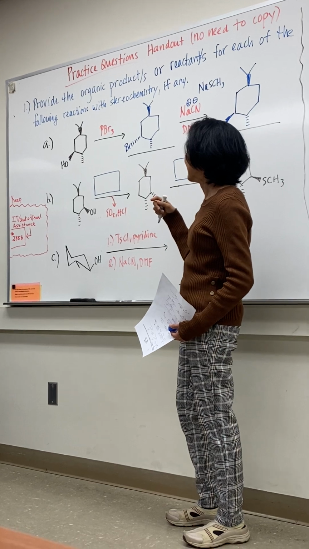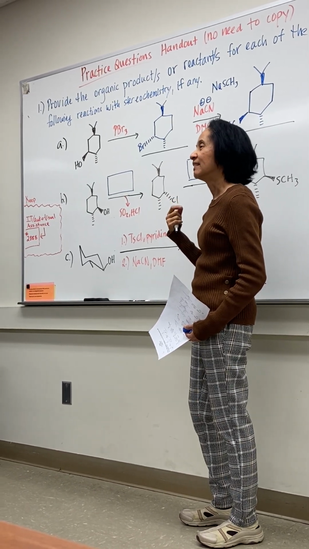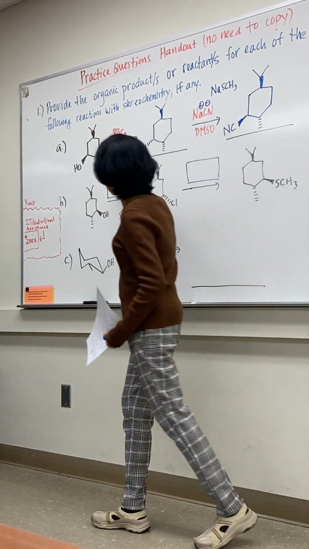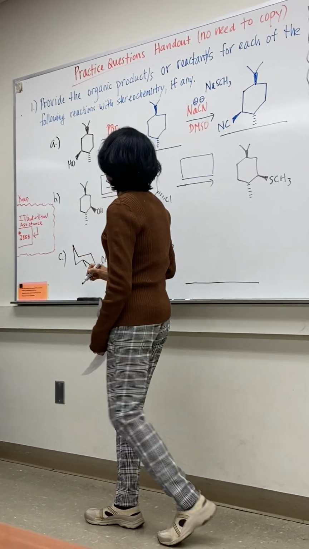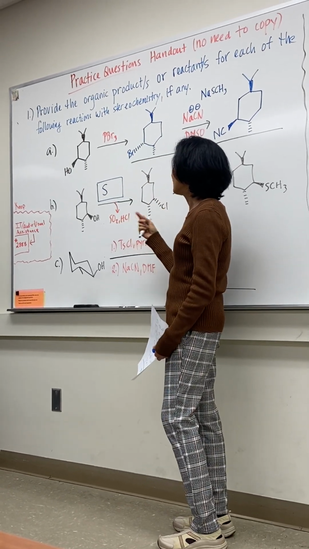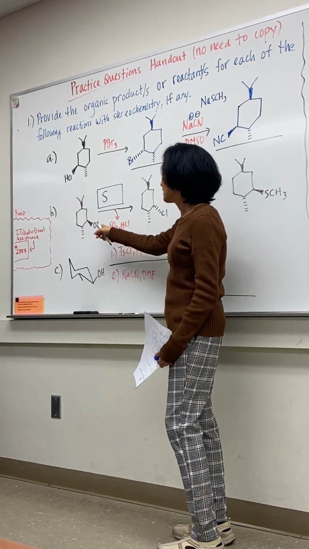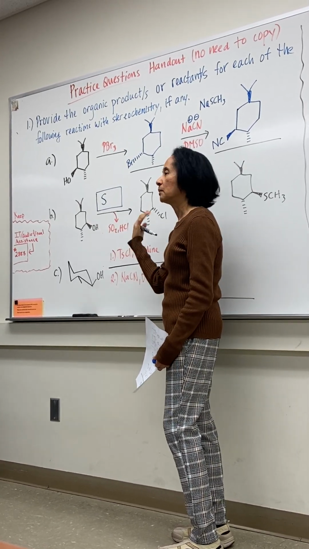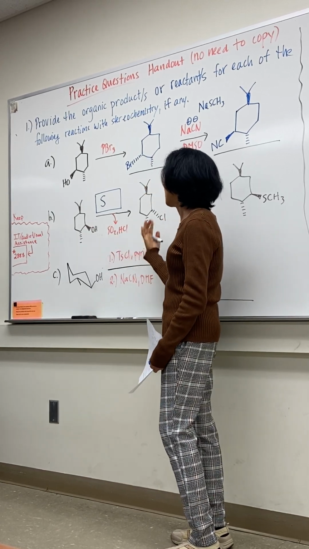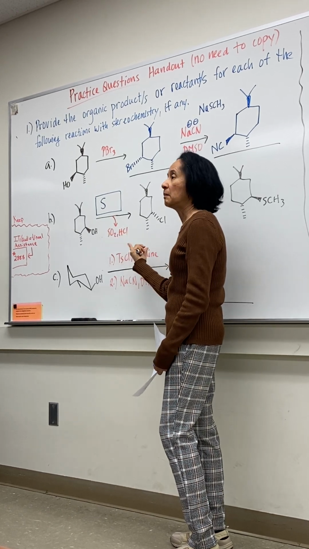So in the reactant, there's a Cl and there's an S. Okay? And there's a Cl that came out and there's an H that came out. So the H is coming from here and then the O. So if you're looking from here to here, the OH came out and the Cl went in. And there's an S that came out.